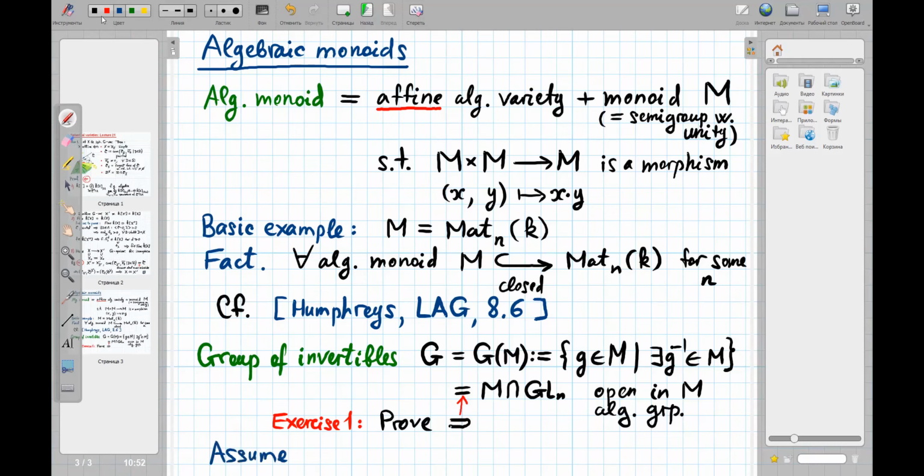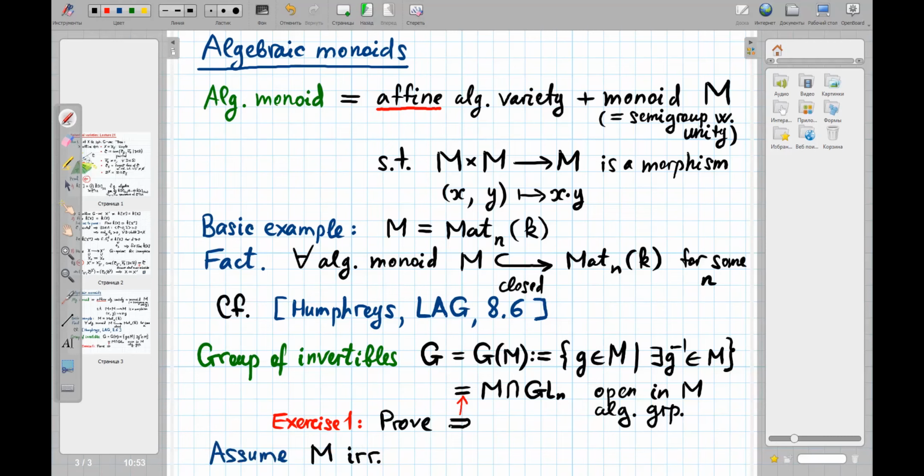So let us assume for the sequel that M is irreducible. Assume that M is an irreducible affine algebraic variety. It is an affine algebraic monoid, which is an irreducible affine algebraic variety. And this G is an open subset in an irreducible affine algebraic variety.